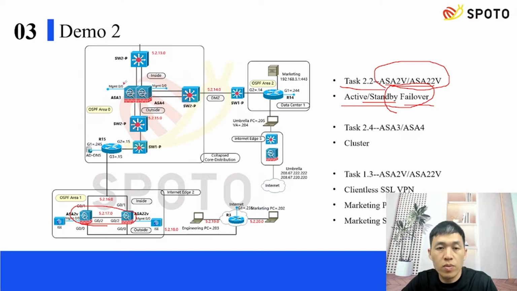And here for ASA3 and 4, you need to deploy cluster configuration. Okay, and here you will deploy port channel as well, and the sub interface.